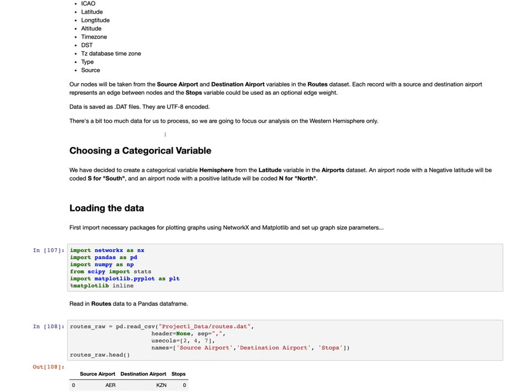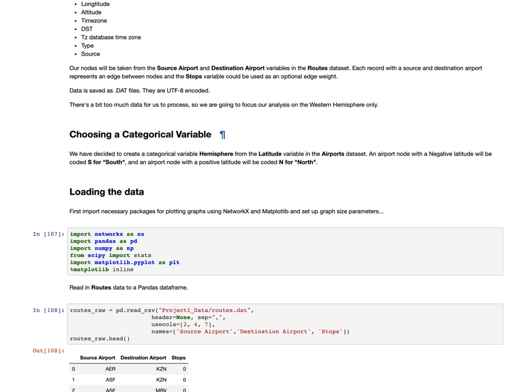Our presumption was that northern airports would be much better connected and more central, compared to southern airports, where not as industrial, not as high-income countries are located, which would be less central.